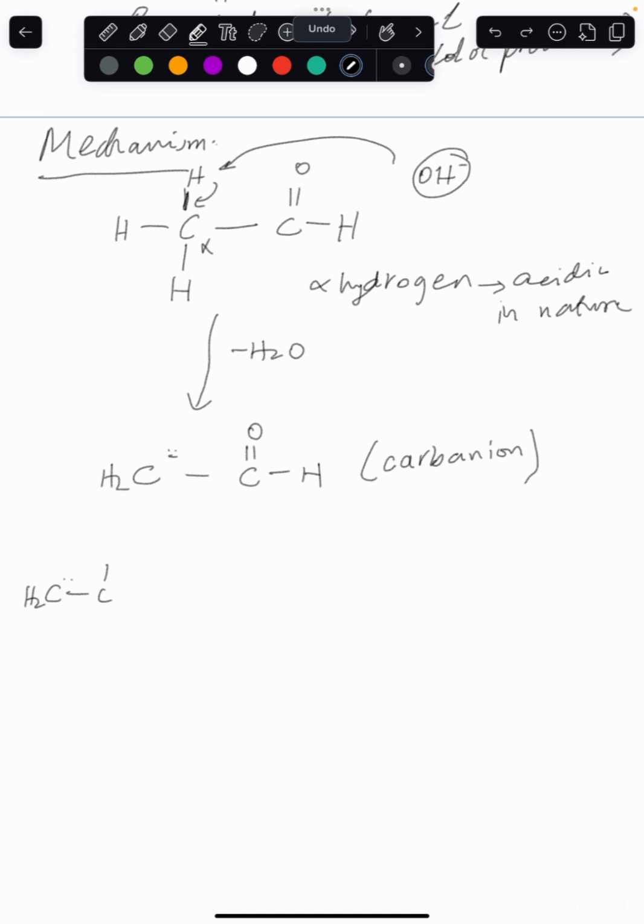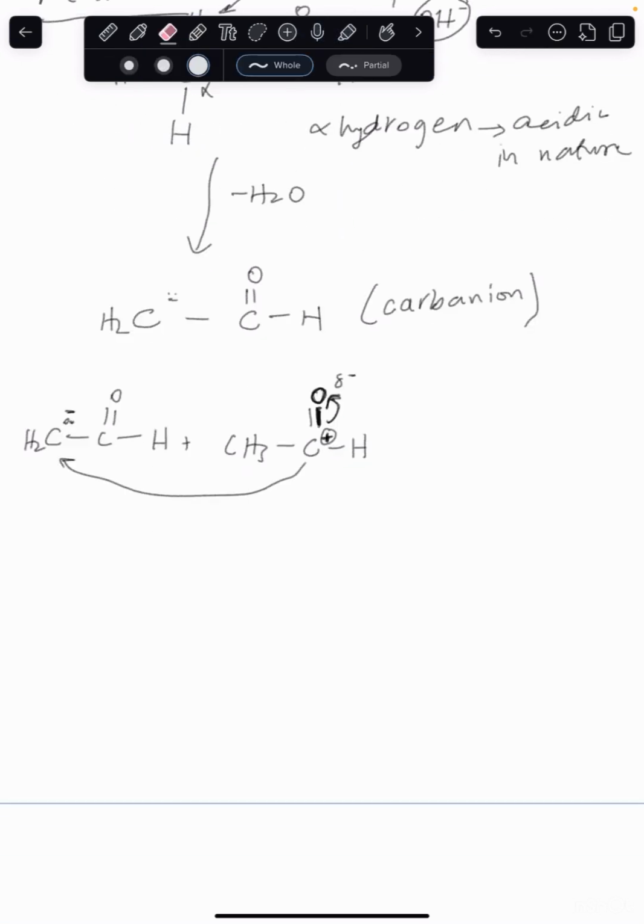Now this carbanion will react with another aldehyde. What will happen is, oxygen has greater electronegativity, it has greater tendency to attract this shared pair of electrons, so a partial negative and partial positive charge will develop. This will attract to this part, and a bond will form.